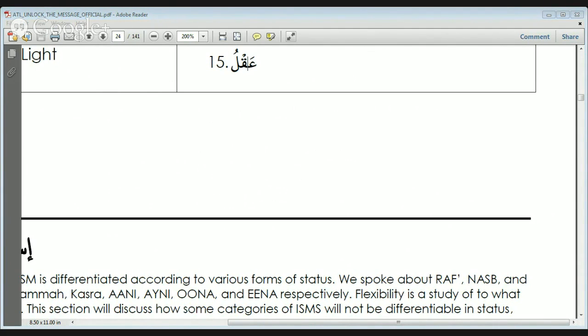There's one more way, and an ism will be light when it is a mudaf. You don't know what a mudaf is? I want you to go ahead and circle that and write mudaf next to it. That's where we're going to be studying it. Write possessive compound around it. Possessive compound.